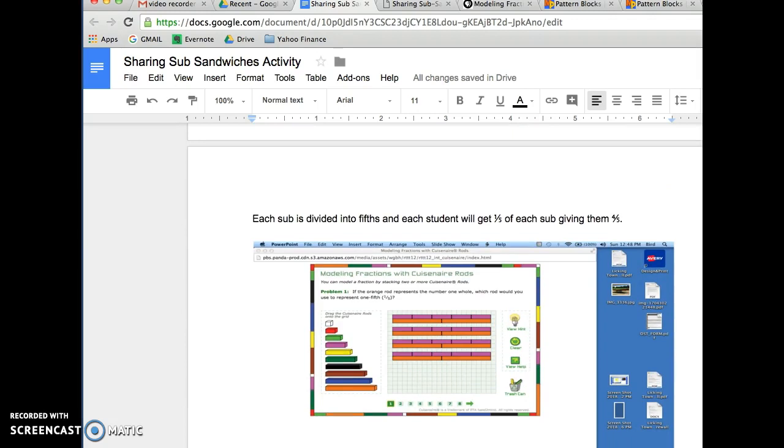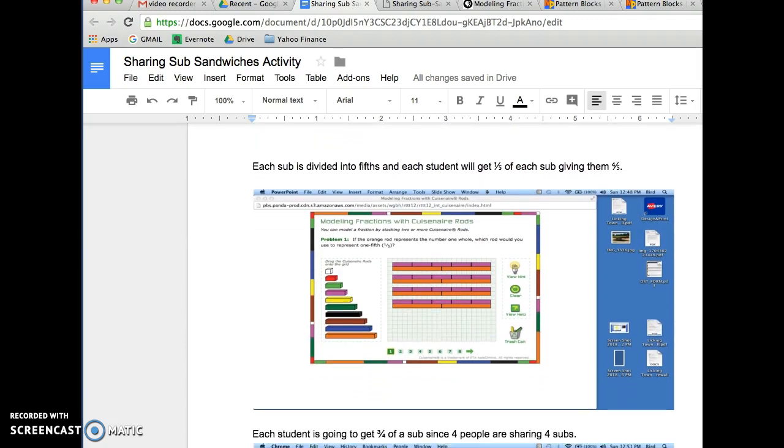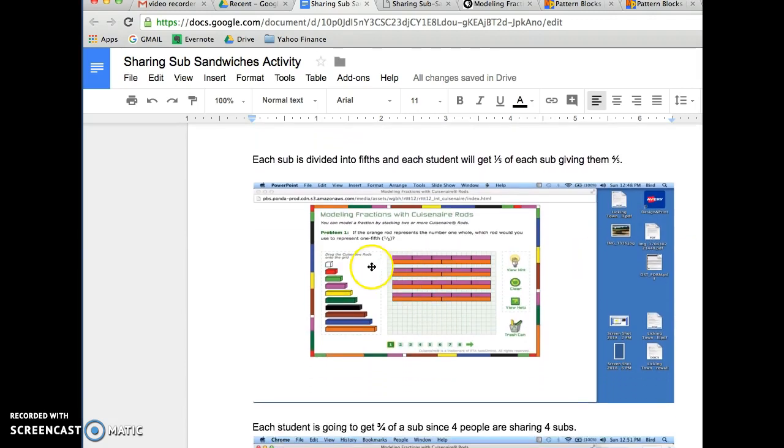And then if you look at the Cuisenaire rods, again you can demonstrate if this is one whole sub, then the 5 students sharing 4 subs would get 1/5 of each sub, giving them 4/5.